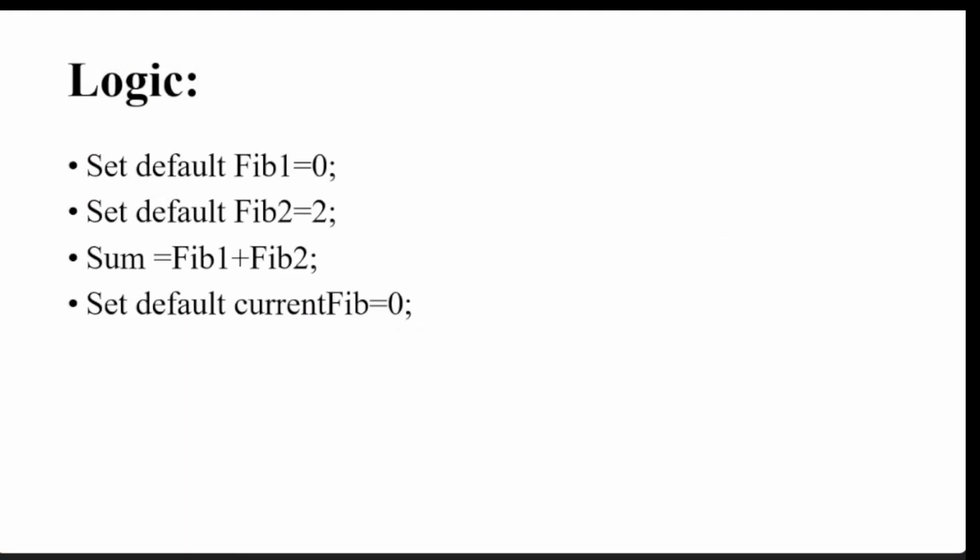Looking into the logic of this program, we'll be taking two variables as default, which is fib1 and fib2. In these two variables, we'll be assigning the default values as fib1 is equal to 0 and fib2 is equal to 2. Basically, we are going to take two variables and assign the starting Fibonacci values.